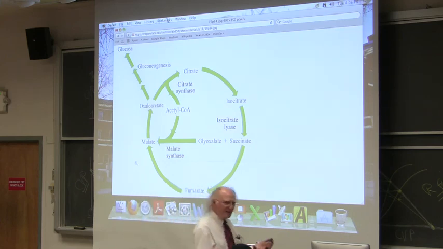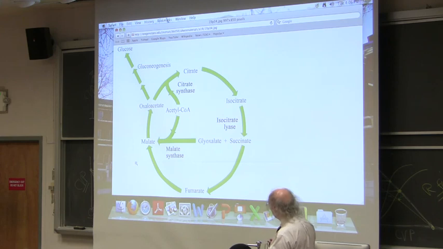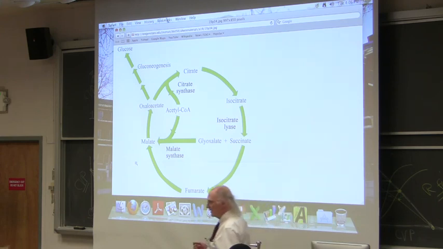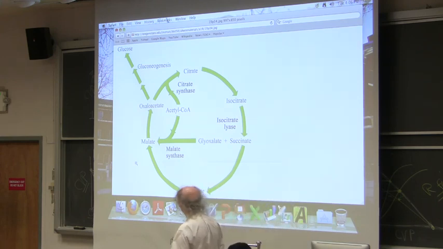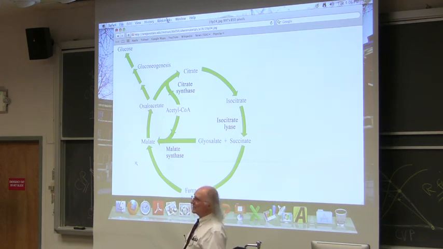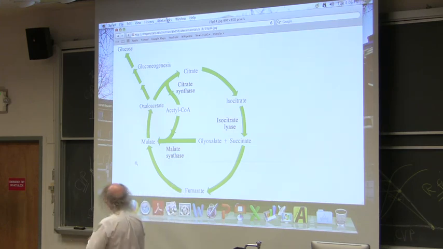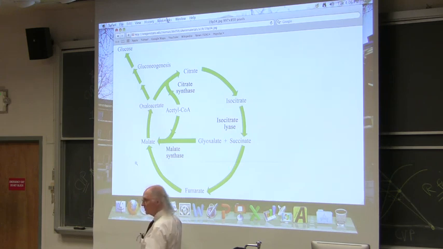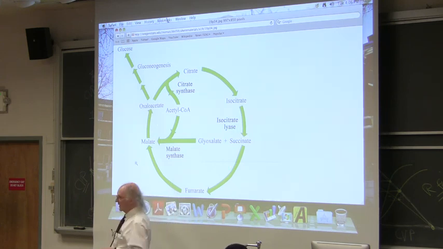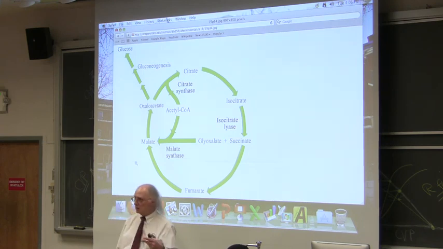Okay? This cycle doesn't have that decarboxylation. This cycle doesn't have the second decarboxylation. And both of those decarboxylations gave NADH. This cycle gives 1 FADH2, and it gives 1 NADH for each one of these going through. So in essence, we get 2 NADHs.